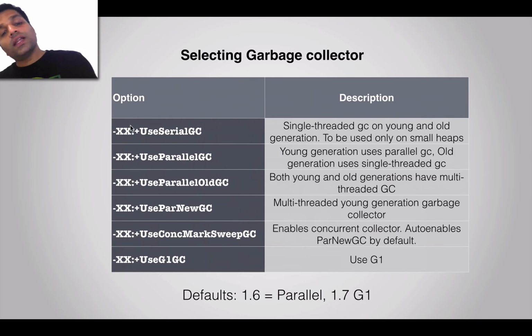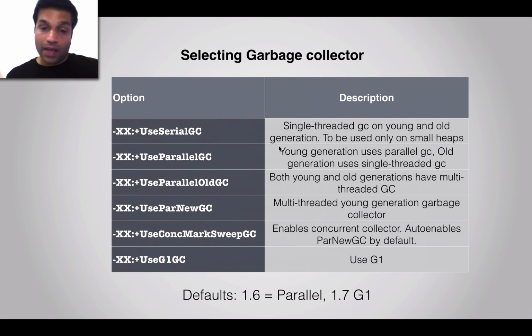So if you put that in the command line of your application, you are telling the JVM to use single-threaded garbage collection on young and old generation. So it should be on a very small heap because it's single-threaded. So if your application is running on a small heap, it's okay to use serial GC. Generally, nobody uses it.